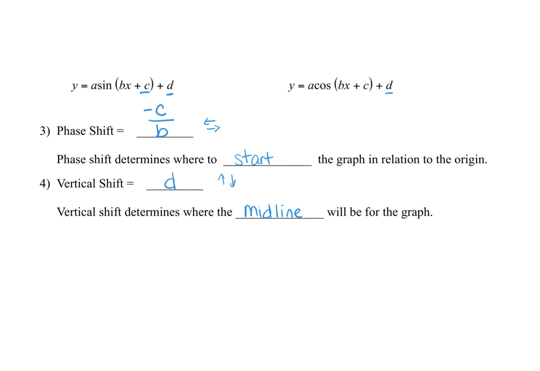Negative C over B. If B is already on the outside of your parentheses, it's already been divided out. But typically when I give them to you, your B will be inside like this. If you ever see it written like this, a sine of B on the outside, then you don't have to divide it by that B. It's already been taken out, right? It's already been pulled out by distribution. But if it's still inside, you have to divide it out. And that tells you your left and right movement.